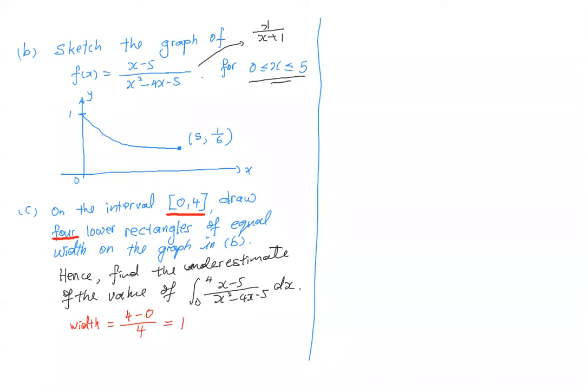So from here, I have 1, 2, 3, 4. For the lower rectangle, you take this height. So this is the first lower rectangle. The height of the first lower rectangle, if you tell the examiner this is y1, will be y1.